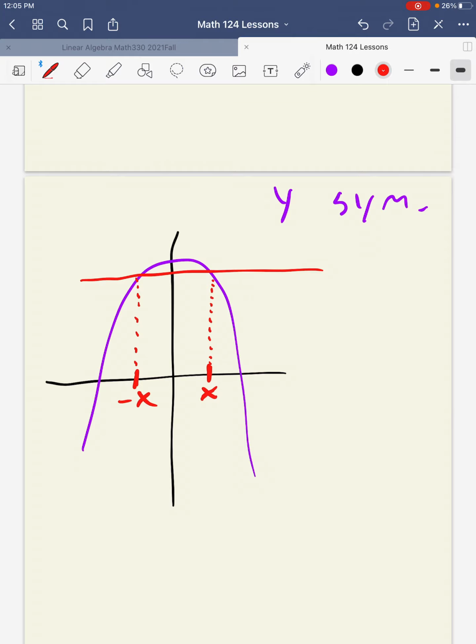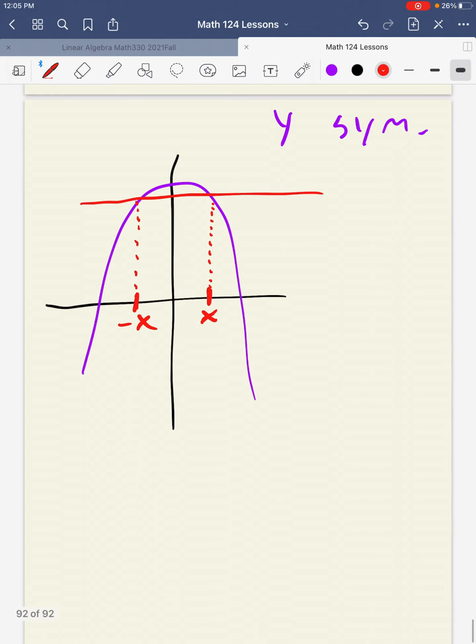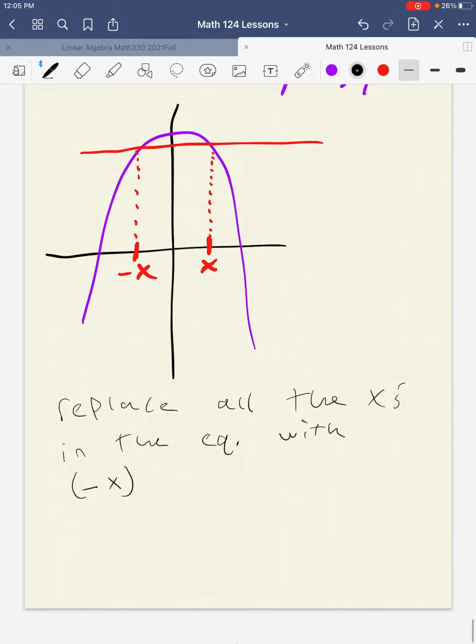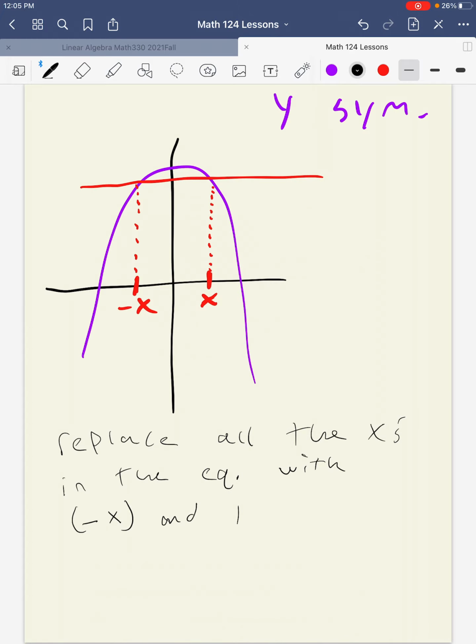So to determine if an equation is symmetric about the y-axis, we can do the following algebraic steps. We replace all the x's in the equation with minus x, and then simplify.